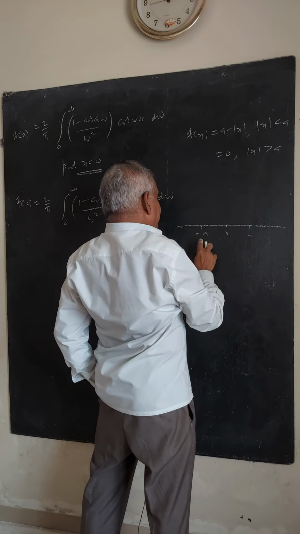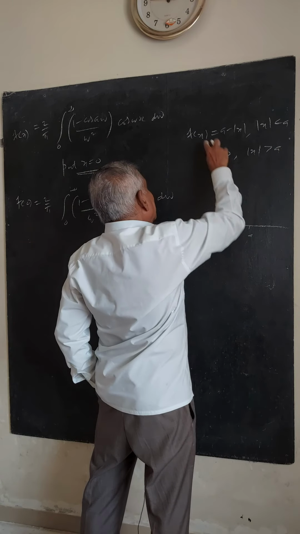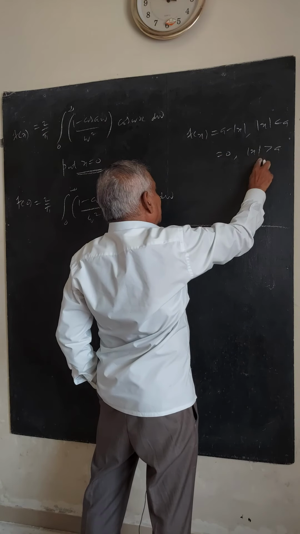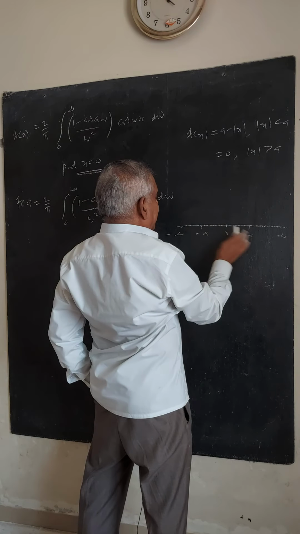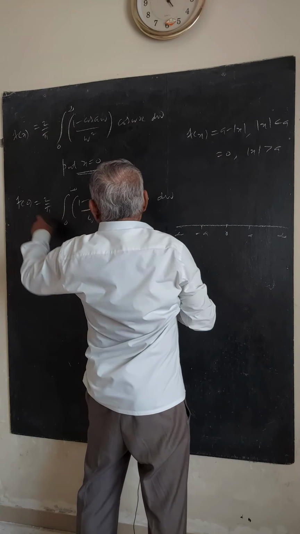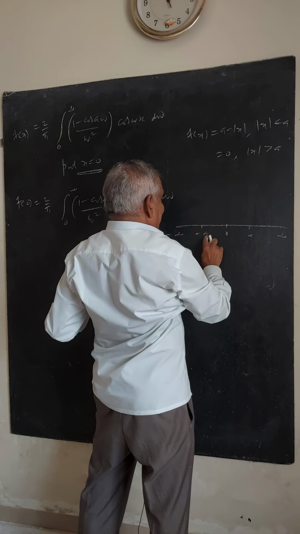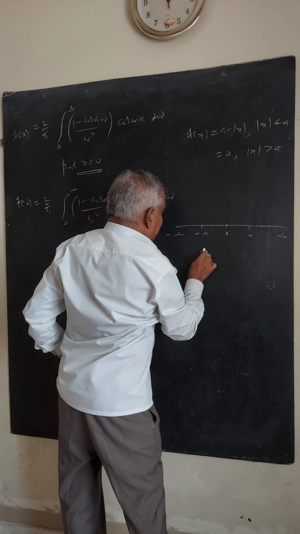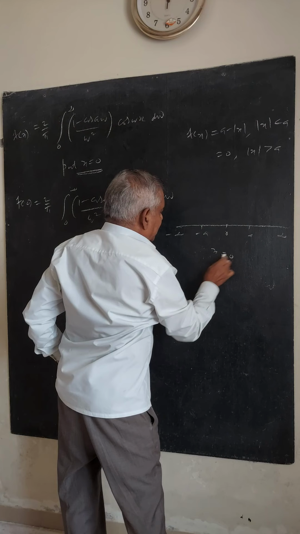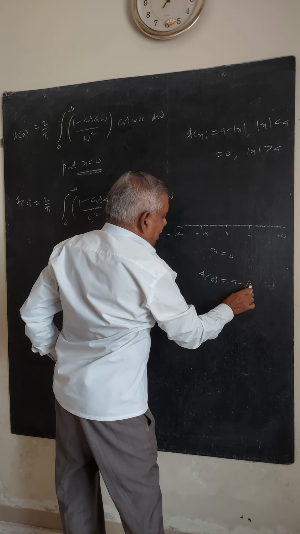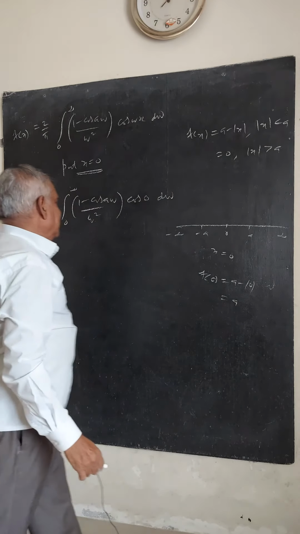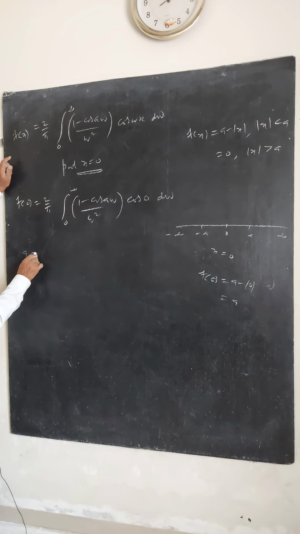What is the value that comes here for minus a to a? We have to use this function. This denotes the remaining areas, a to infinity and minus infinity to minus a. Outer areas will become 0. 0 lies inside this minus a to a. Therefore, we have to use this only. When x equal to 0, f of 0 equal to a minus modulus of 0 which is a. Therefore, f of 0 is a.